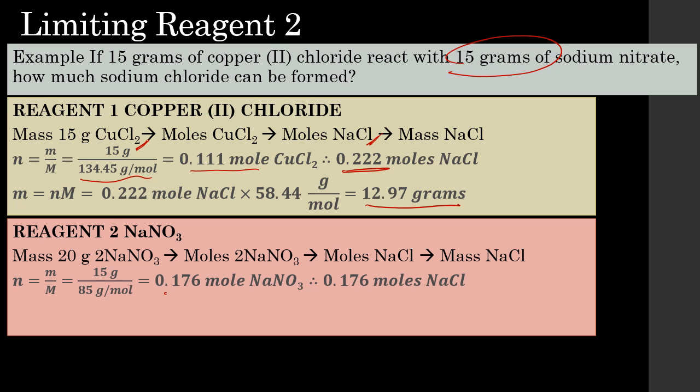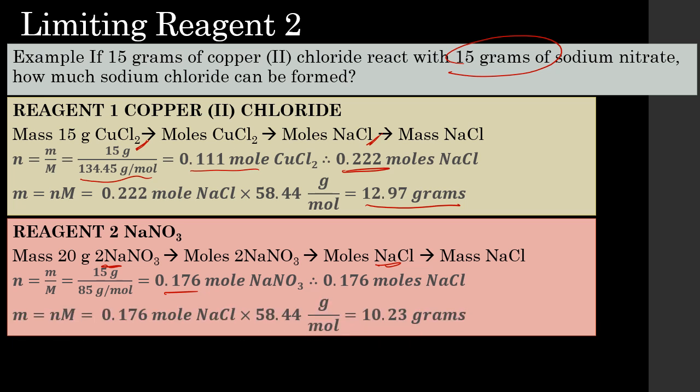So that will give us 0.176 moles of sodium nitrate, and it's 1 to 1 because it's just 1 sodium to 1 sodium, so it should give you 0.176 moles of sodium chloride. That should be able to produce 10.23 grams of sodium chloride.